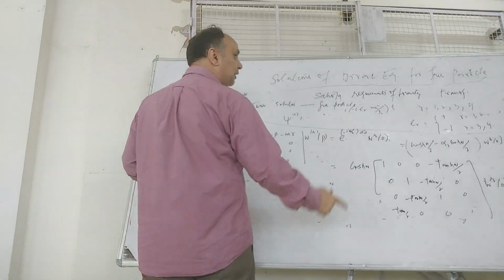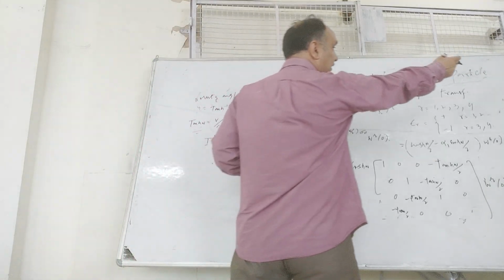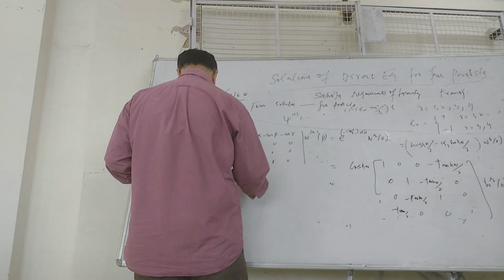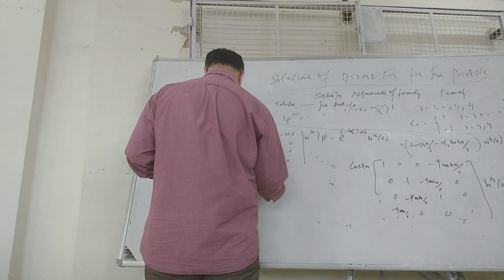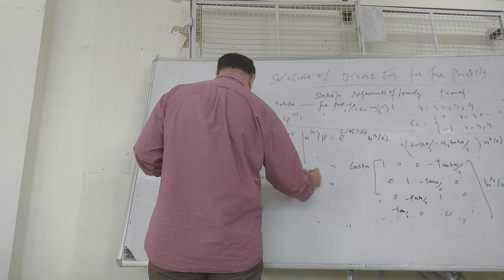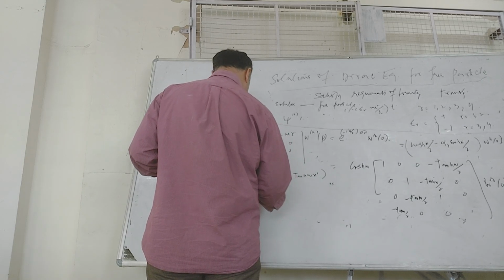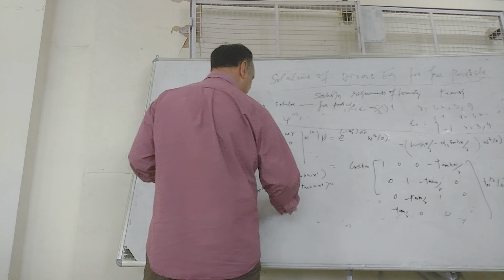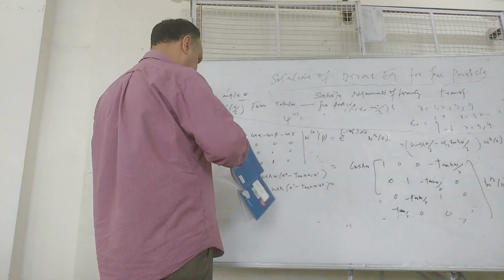And if you remember, x0 from this matrix. X0 is cos x0 x prime. So one x is equal to x.